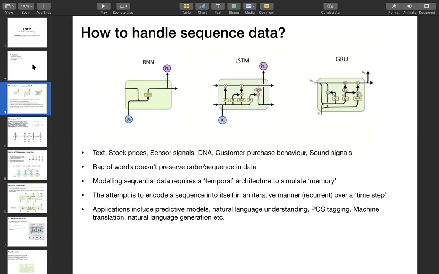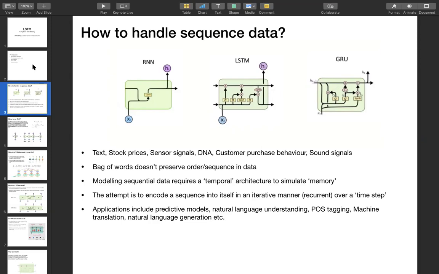The basic architecture of all sequence-based models, apart from a few techniques that are slowly coming up nowadays, but in the realm of what we are talking about right now, primarily RNNs, LSTMs, and GRUs, the attempt is to iteratively, which is where the word recurrent comes from, encode a sequence into itself so that you can create an embedding or a vectorized implementation of a sequence, which encodes the information about not only the context or the words that are coming in, but also the sequence in which those words are coming in.